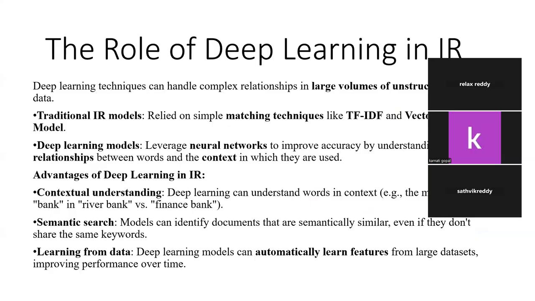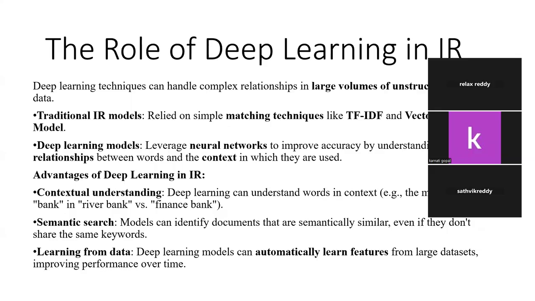Traditionally, information retrieval models such as the vector space model and TF-IDF primarily relied on matching exact keywords in the query and the document, which worked well for simple search tasks but struggled with more complex queries.